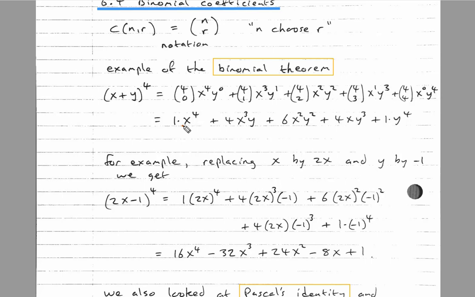Okay, so now all these x's get replaced by 2x, and all the y's get replaced by -1s. Use parentheses. So we get this, and then working this out, it simplifies to this. That last term, for example, is 1 times (-1) to the power of 4. Well, (-1) to the power of 4 is 1, so that turns into just a 1.